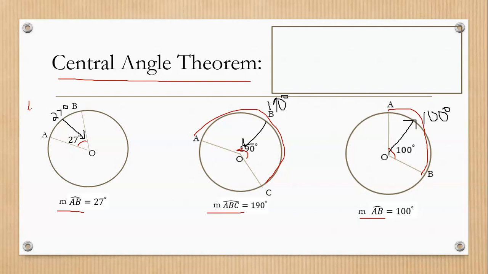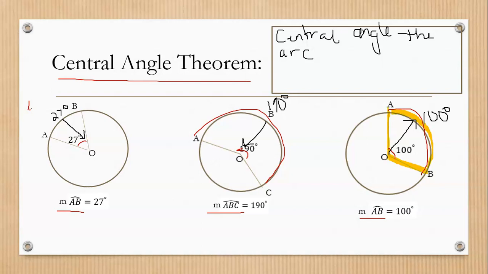So that's the central angle theorem. When you have a central angle, the arc it intersects, we use that word intersect. If you look, for example, over here, this angle is intersecting this arc, right? Basically, it means that that angle forms that arc.